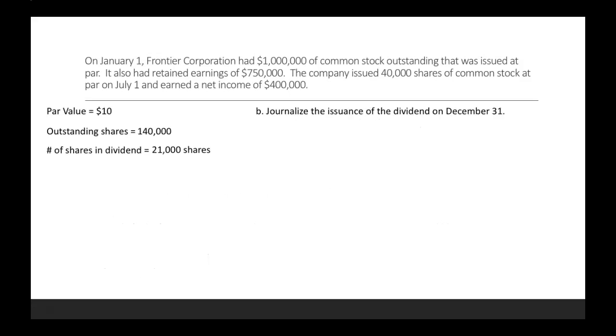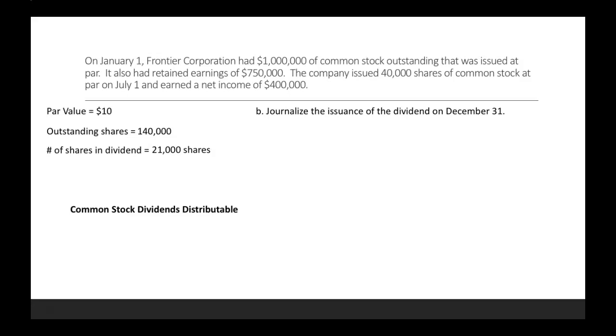Now, journalize the issuance of the dividend on December 31st. So now we are handing out these shares to our shareholders. We need to debit our common stock dividends distributable. Because they're no longer distributable, they're now being distributed, right?